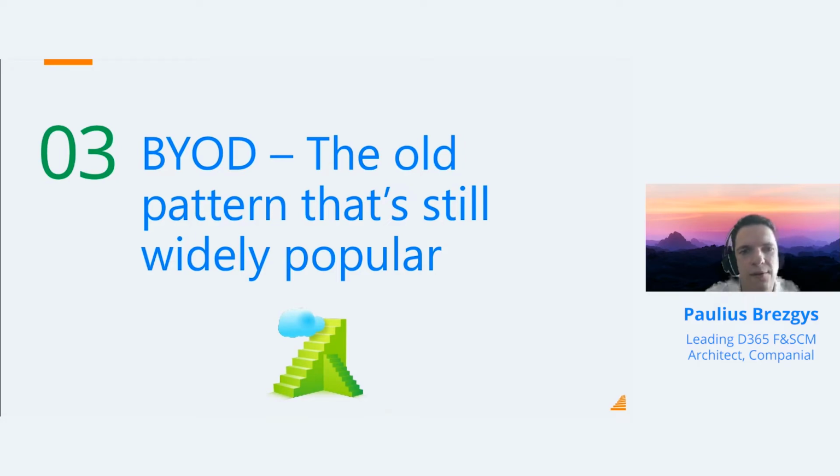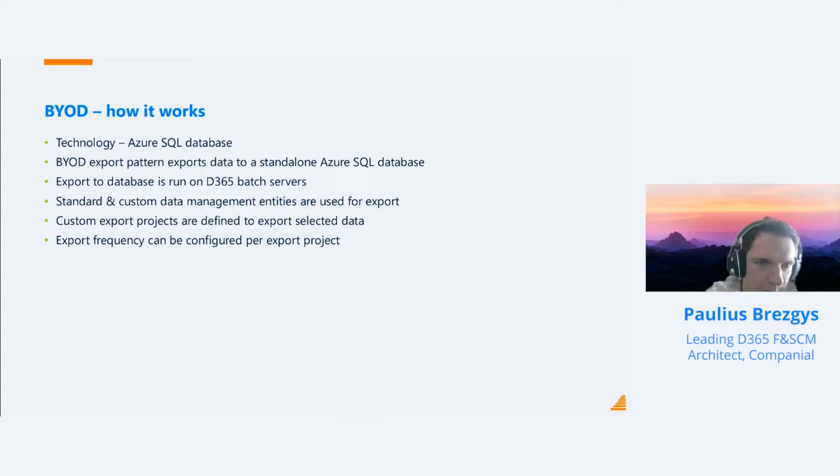So BYOD, the old pattern that's still widely popular, as we can see. Just to give you a quick context how it actually works. BYOD works by setting up, as I call it, a sister Azure SQL database. So you need to set up another database, and it's standalone, usually in the same subscription. It costs extra, so it's an extra database that you need to set up yourself.